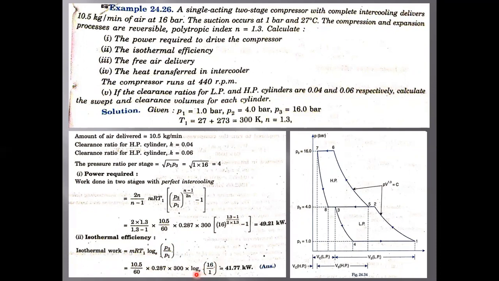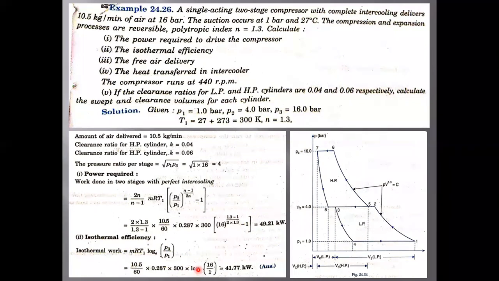Sometimes by mistake you may take log to the base 10 in the calculator. But be particular while calculating in the calculator: it should be ln. Log means, in the calculator, log to the base 10.